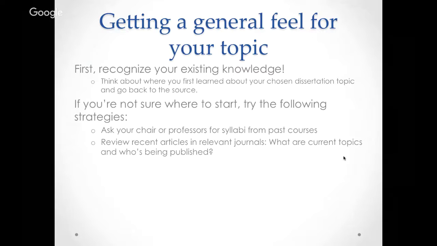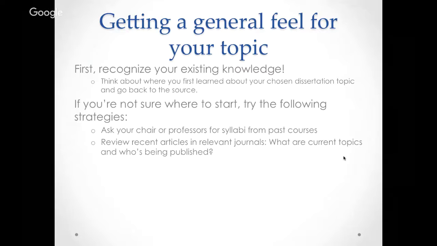Another approach would be to review recent articles in relevant journals. What are current topics and who's being published? So are people currently talking about angel investing networks? Are they talking about female entrepreneurs who are getting funded by angel investors? And then who are the top names of scholars who you see coming up again and again?